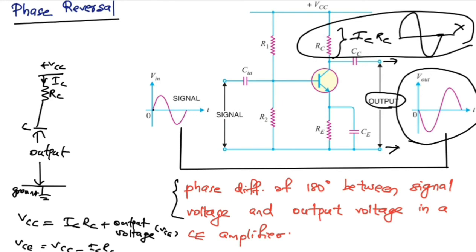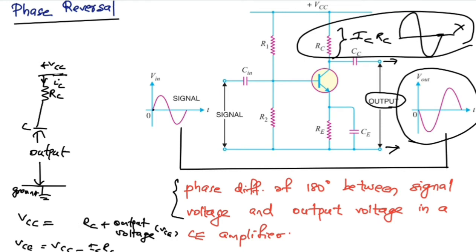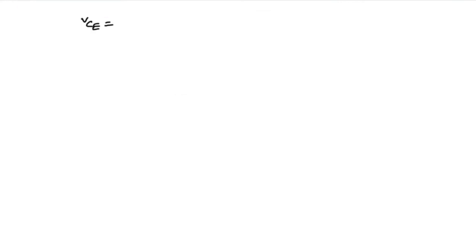Here, this is the total collector current, small i capital C. So the total instantaneous output voltage VCE is equal to VCC minus ICRC. Here we neglected the voltage drop across RE because CE is short for the signal.